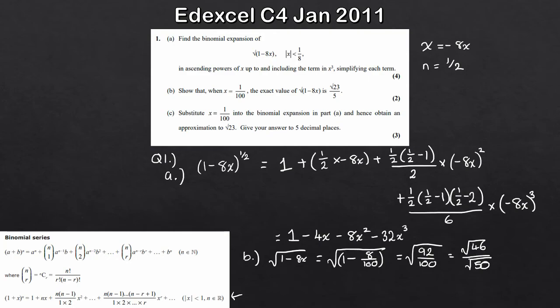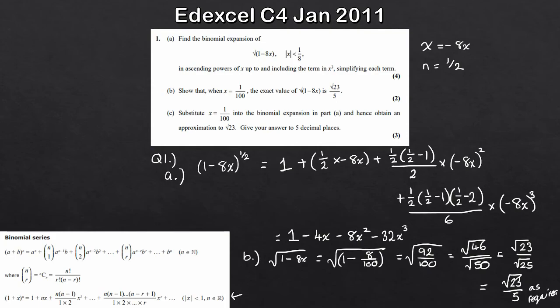So this would be the square root of 23 over the square root of 25. And then at this stage here, we can't do anything with the square root of 23, but the square root of 25 is 5. So what I actually get then is the square root of 23 over 5 as required in part B.